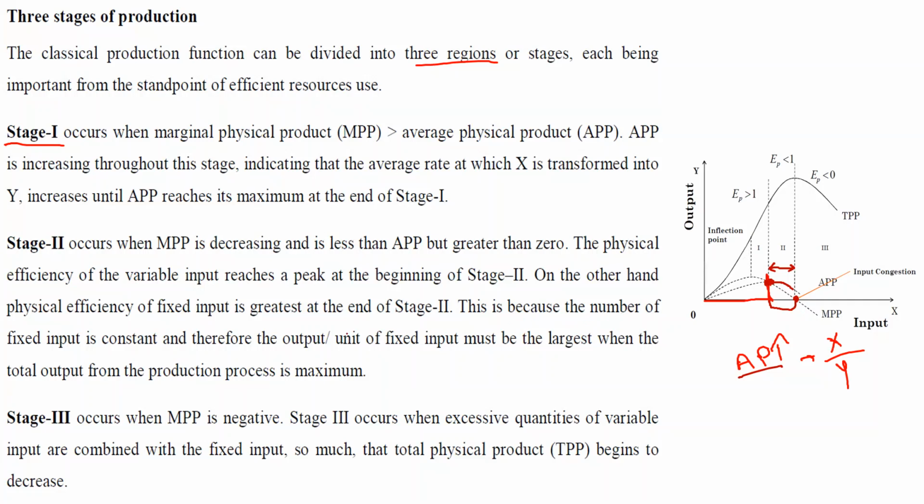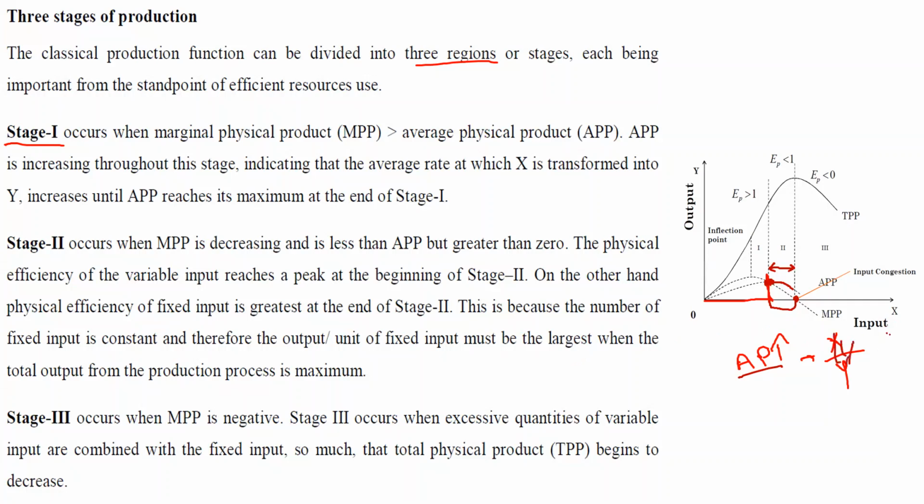This is because the number of fixed inputs is constant, and therefore output per unit of fixed input must be largest when the total output from the production process is maximum. Now when the quantity of fixed inputs remains the same, when will their efficiency be maximum? When output per unit of input is maximum.